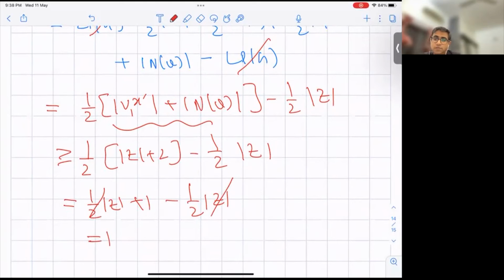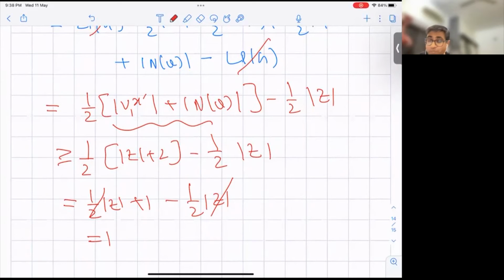Excellent. So if we had a higher surplus, what will happen then? Will we get a better factor? Yes. Look at the same analysis. Suppose I knew the surplus of the graph is 5, then I can replace this with cardinality of Z plus 5. Then I will get 5 by 2 minus half or whatever, because everything else will get cancelled.